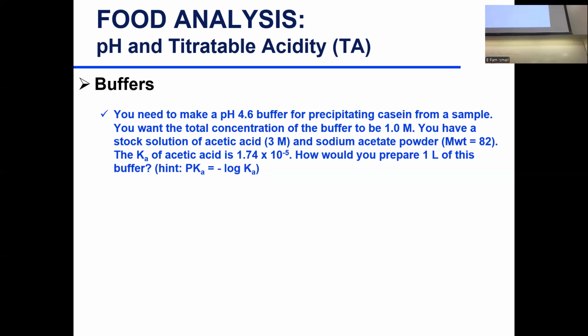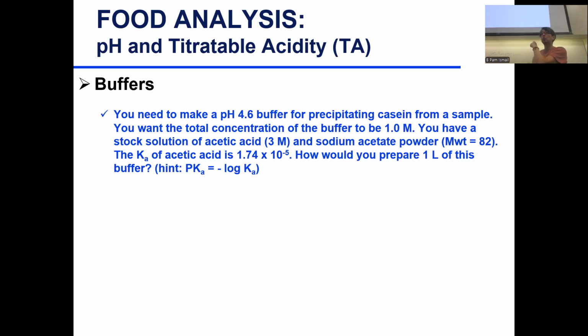Now, calculate this for me. Why did you use the 0.59 molar instead of the 0.41? How did you make that determination? 0.59 molar is my acid, right? So the AH is my acid, and my stock solution is of acetic acid.